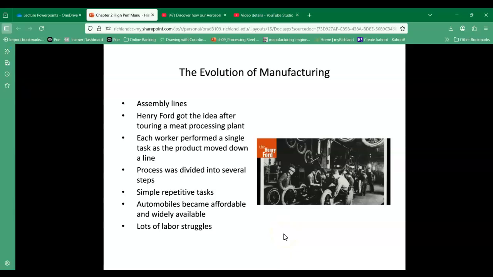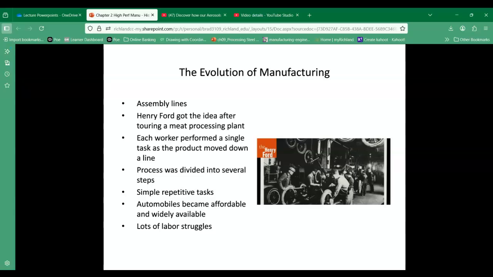So, of course, the other big thing that came out of the Industrial Revolution was the development of the assembly line. Henry Ford is given credit for this assembly line, although it was not his original idea. He got the idea after touring a meat processing plant, looking at the way the meat processing industry butchered and slaughtered the animals.